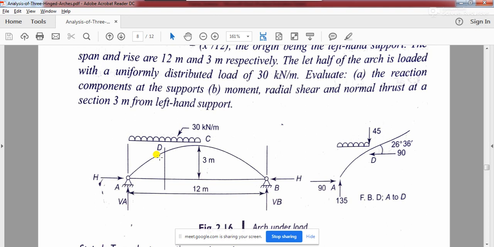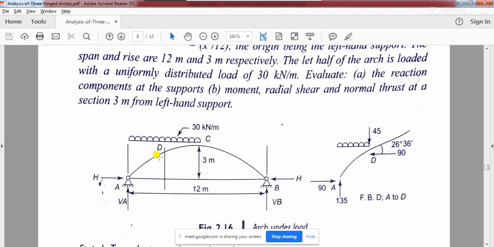Because once you have found the horizontal force and vertical force acting at that point, and once you know the dy dx from the equation of the arch, you know the value of theta.